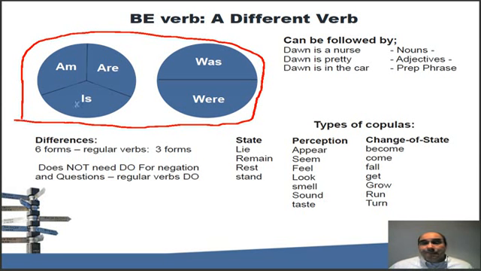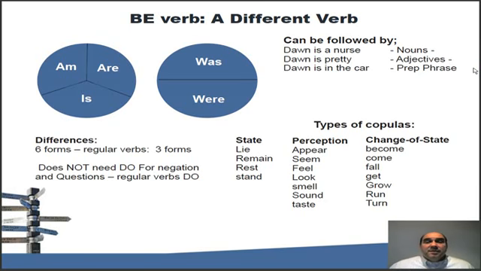It's not the same. Again, it can be followed by a noun. Dawn is a nurse. It can be followed by an adjective. Dawn is pretty. And it can be followed by a prepositional phrase. Dawn is in the car. Okay, so not all verbs can be that way or have the same types of things afterwards. Other verbs have more limitations.